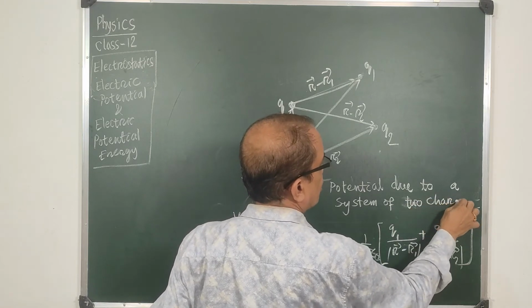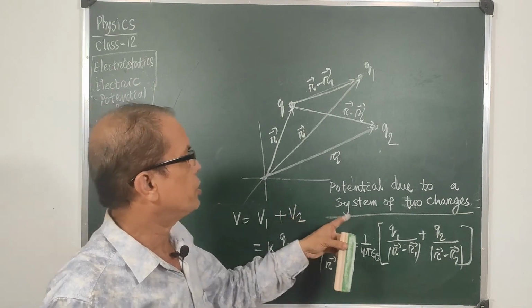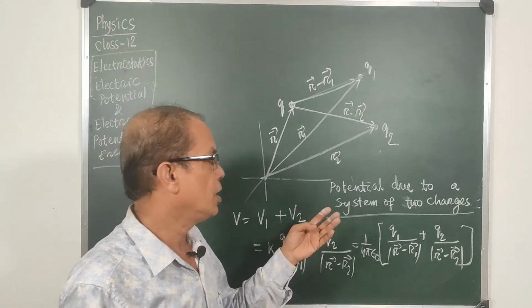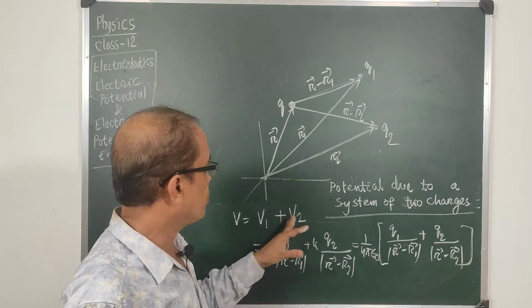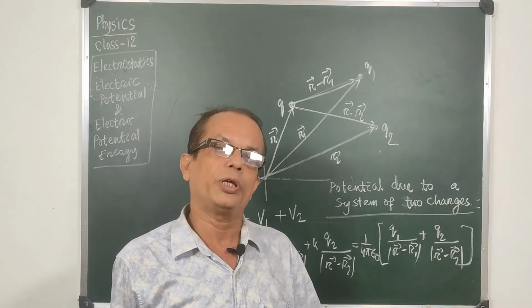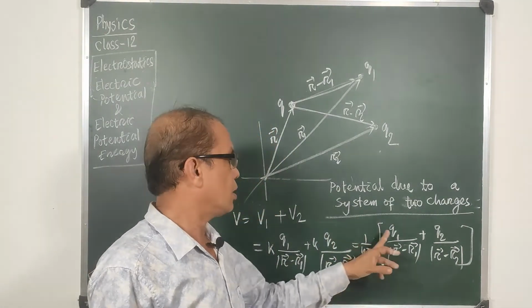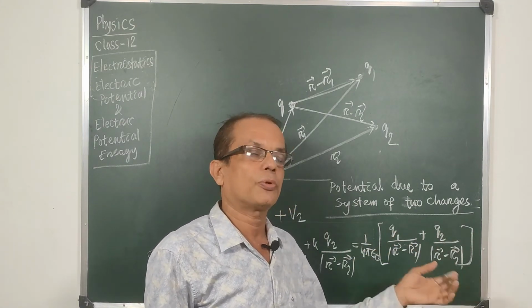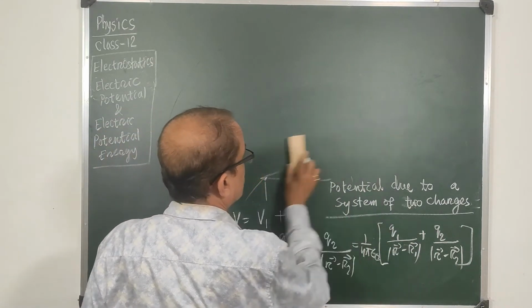I think you now would understand how this can be extended to a system of n charges. If there is a system of n charges, q1, q2, q3 up to qn, then we shall have V1 plus V2 plus V3 plus up to Vn, and everywhere we will have 1 by 4 pi epsilon 0 common, and q1 by this much plus q2 by this much plus q3 by mod r minus r3 plus up to qn by mod r minus rn.